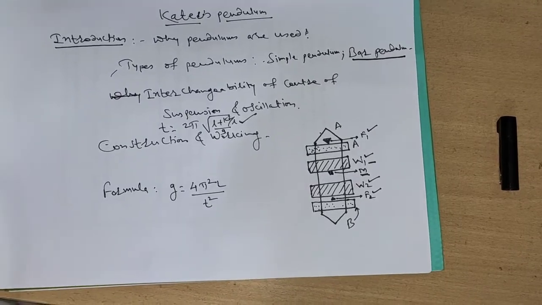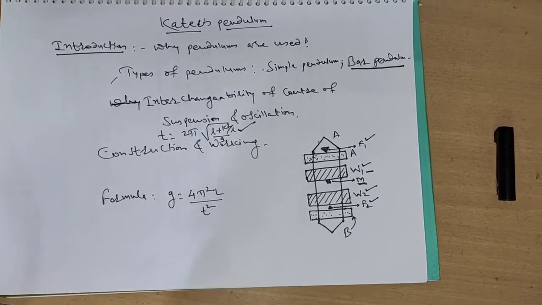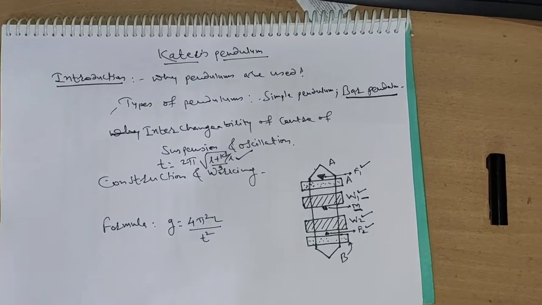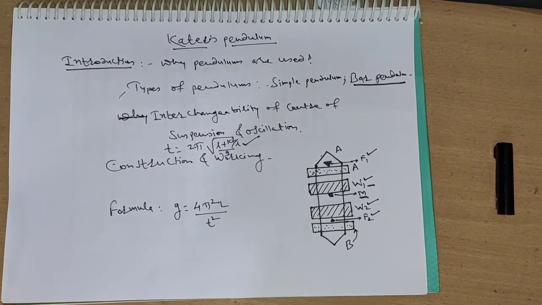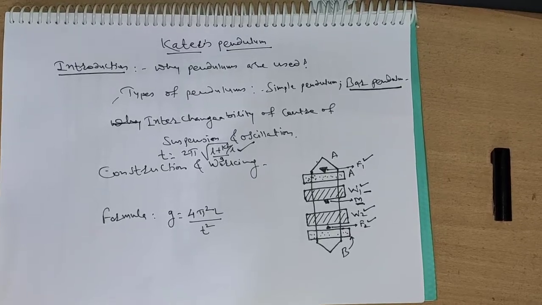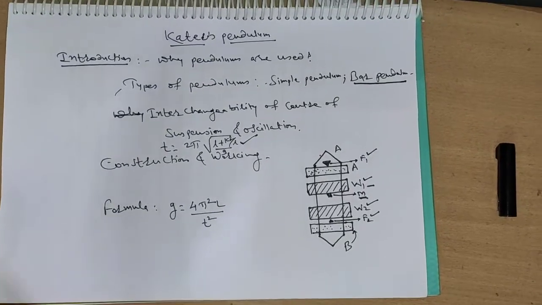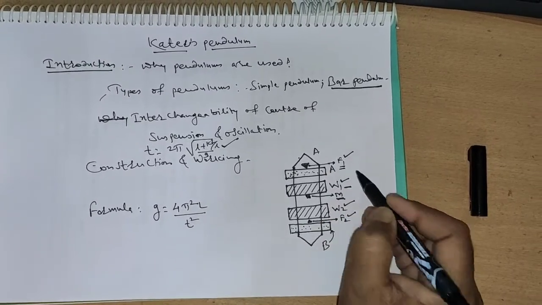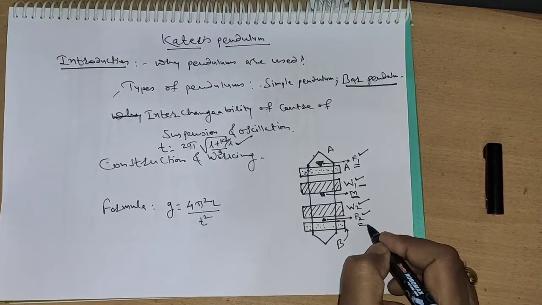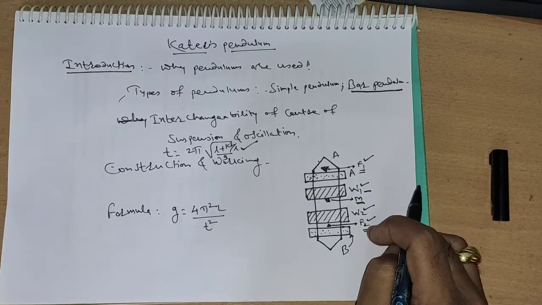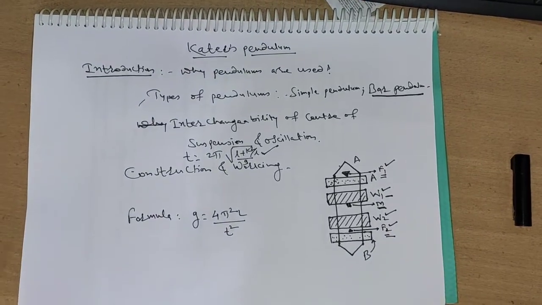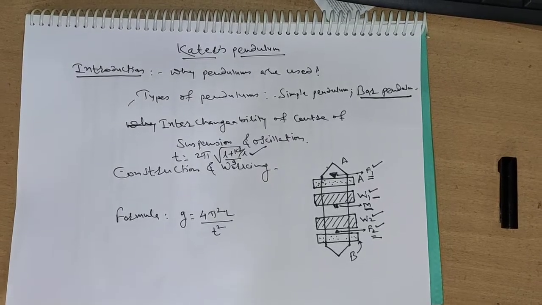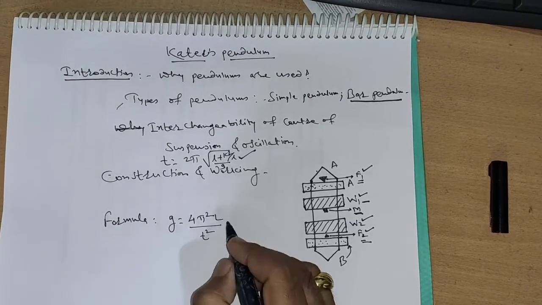When this is so, we have one knife edge at the center of oscillation of the other. The distance between the two knife edges, F1 and F2, is measured carefully. This gives the length L of the equivalent simple pendulum.